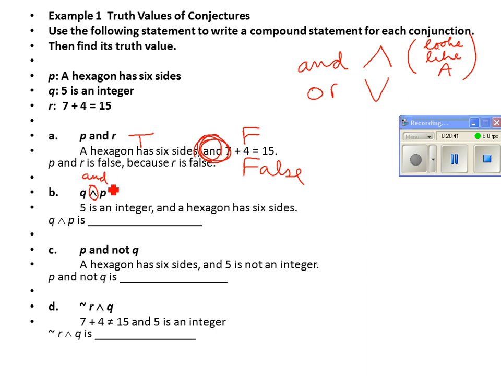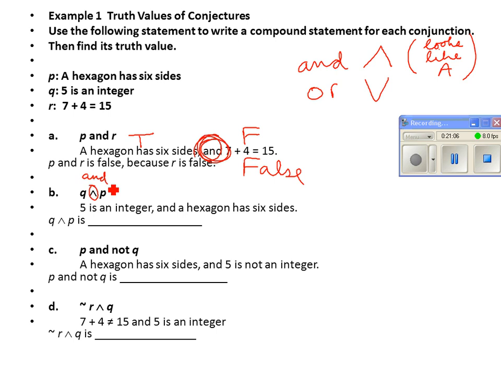So this says P and Q. Well, P is 5 is an integer. Is the number 5 an integer? Does anybody remember what integers are? Positive or negative whole numbers. So like -4, -3, -2, -1, 0, 1, 2, 3. All those numbers are integers. What's not included in the set of integers?